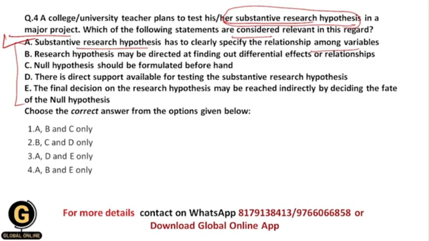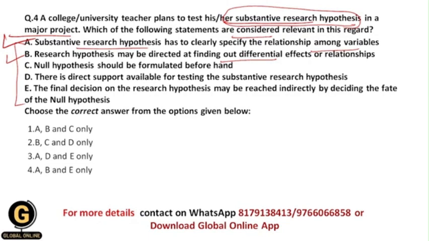Okay. Second is, research hypothesis may be directed at finding out differential effects or relationships. Again this statement is correct, because the research hypothesis should be directed at finding out differential effects or relationships, because this is the outcome of our research process, and this is the goal of our whole research.